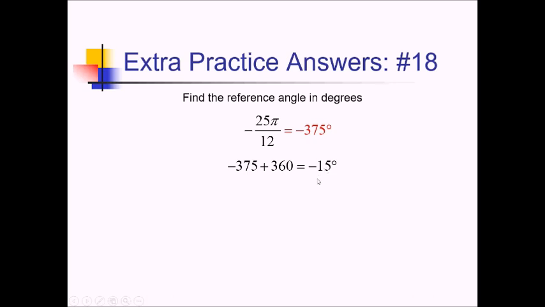A shortcut for this one, though, is just thinking to yourself, well, how far is negative 15 degrees from the closest x-axis angle? Because that's really all a reference angle is asking. Well, the closest x-axis angle to negative 15 degrees is 0 degrees. How far is negative 15 from 0? Oh, it's 15 degrees. So 15, then, is our reference angle.